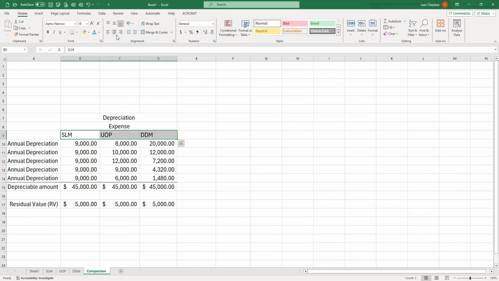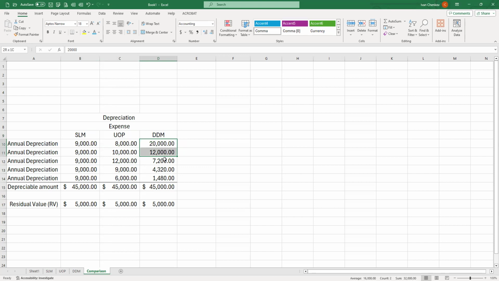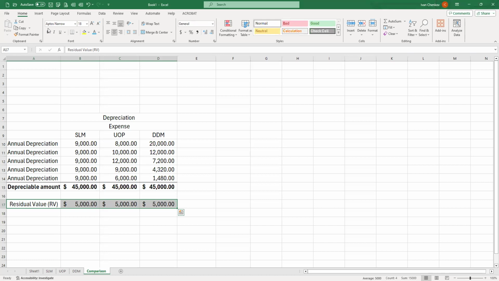Units of production fluctuate year over year. And the double declining method starts high and finishes low. But again, all three methods are going to give you the same total. And under all three methods, you have the same residual value sitting and waiting for you as a balance in the account.